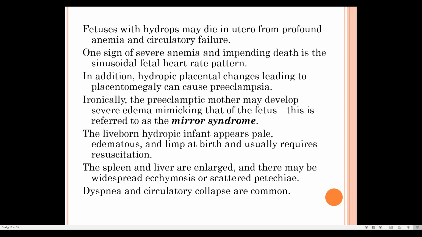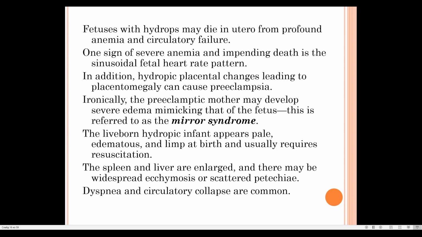Ironically, the preeclamptic mother may develop severe edema mimicking that of the fetus, which is referred to as the Mirror syndrome. And please remember, isoimmunization is a risk factor for preeclampsia.